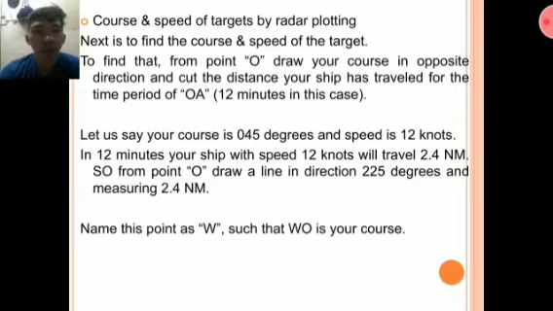So from point O, draw a line in direction 225 degrees and measure 2.4 nautical miles. Name this point as W, such that WO is your course.